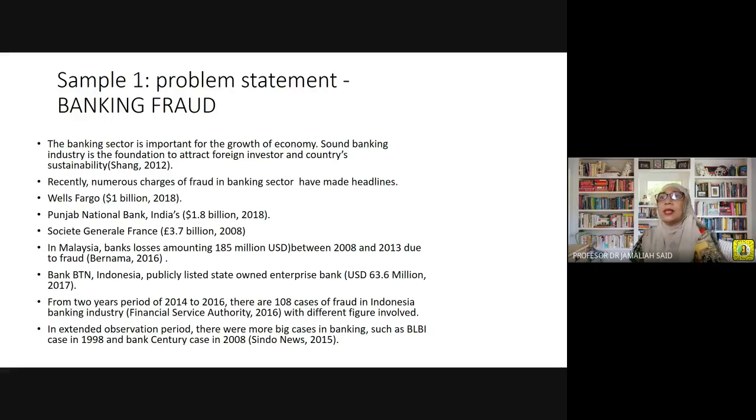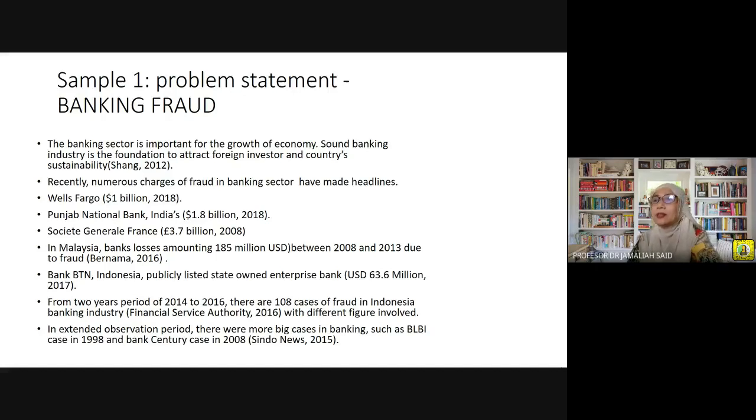A sound banking industry is the foundation to attract investors and country stability. Recently, numerous charges of fraud in the banking sector have made headlines. For example, in the US, Wells Fargo 1 billion in banking fraud. In India also, another mismanagement of funds of 1.8 billion.